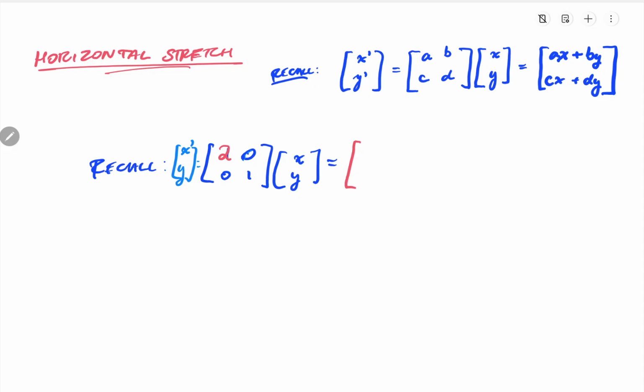So we're going to take our first times our first, which will be 2x, our second times our second will be 0y, and in our second row, the first times the first will be 0x plus 1y. So what that gives us, if we simplify, is 2x and 1y.